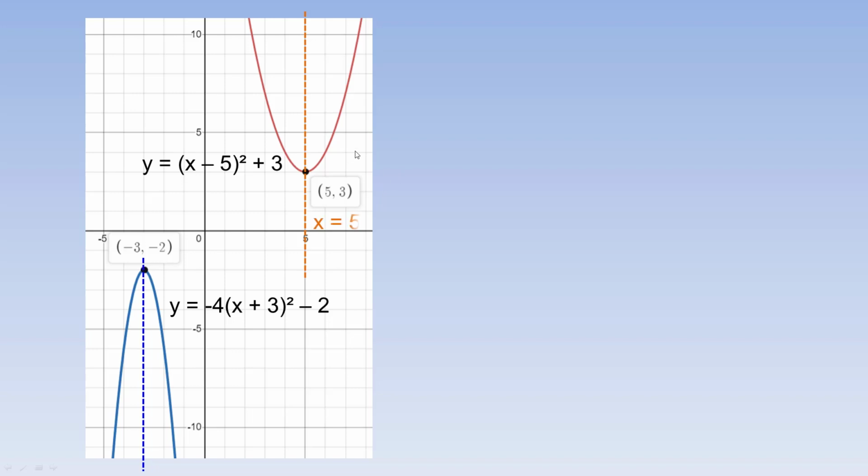Okay, now the equation of this axis of symmetry is x equals 5. The equation of this one is x equals negative 3. Notice it's x equals whatever the x-coordinate is. So that's what the axis of symmetry is. It's a line that cuts the parabola into exactly two equal halves. So if you reflect it, it would look the same.